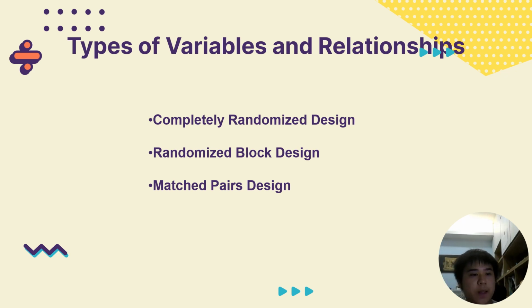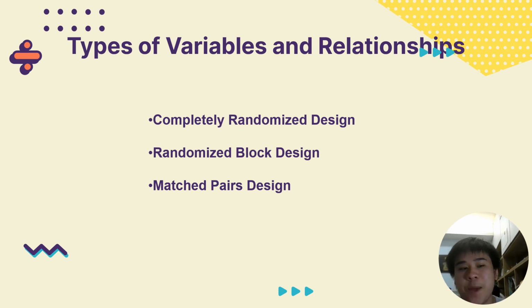All right, so let's start with completely randomized design. This is the easiest one. Basically, subjects are randomly assigned to treatments. Just random. Now, for randomized block design, subjects are divided into blocks based on a characteristic that subjects possess, and then randomly assigned treatments within each block.